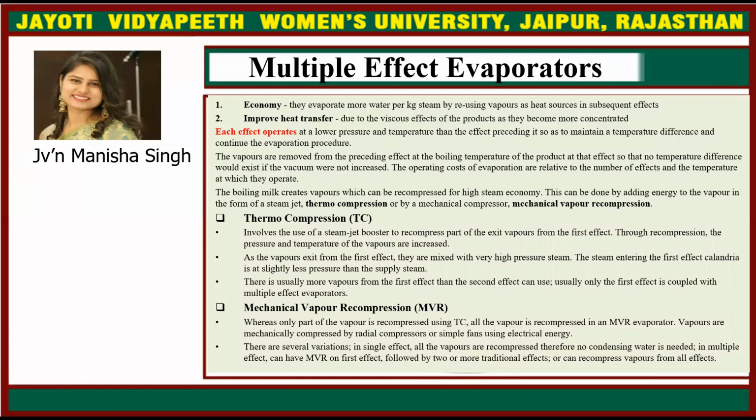Through recompression, the pressure and temperature of the vapors are increased. As the vapors exit from the first effect, they are mixed with the high pressure steam. The steam entering the first effect calandria is at slightly less pressure than the supply steam. There are usually more vapors from the first effect than the second effect can use. Usually only the first effect is coupled with multiple effect evaporators.